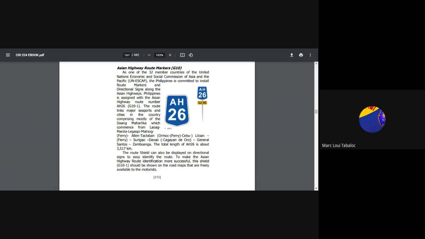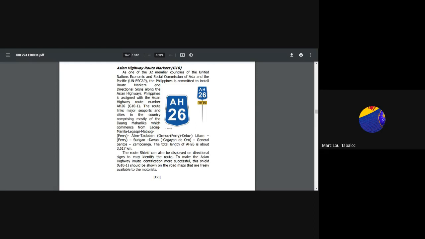The AH26 marker means that the United Nations Economic and Social Commission for Asia and the Pacific considers that portion of highway as part of the National Highway System, the so-called Daang Maharlika.